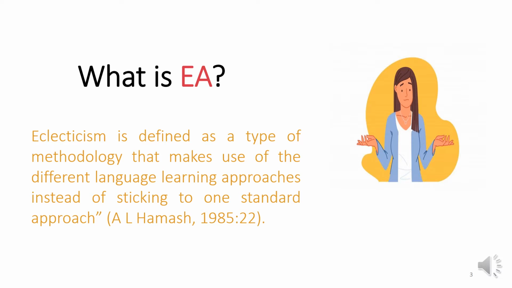What do we mean by EA, or Eclectic Approach, or Eclecticism? Eclecticism, defined by Al-Hammash in 1985, is a type of methodology that makes use of different language learning approaches instead of sticking to one standard approach.